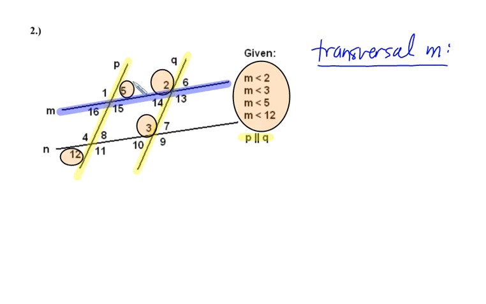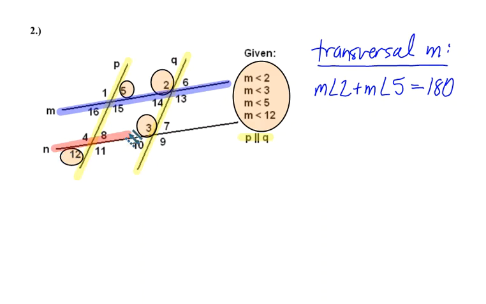They are same side interior angles formed by parallel lines. And from our earlier result, if the lines are parallel, then the same side interior angle pairs are supplementary. What we would have here is that the measure of angle 2 plus the measure of angle 5 would equal 180 degrees.